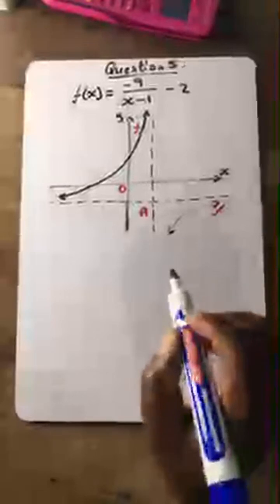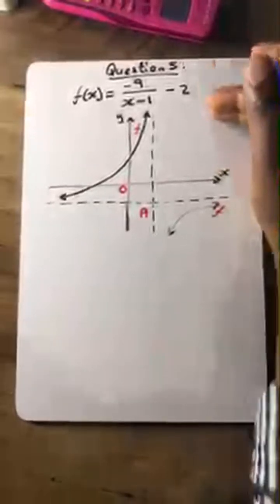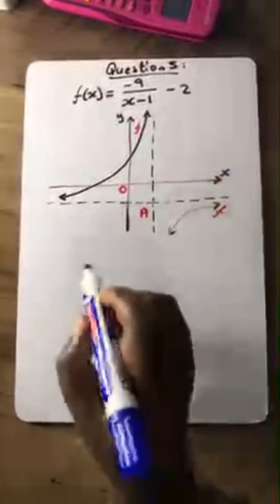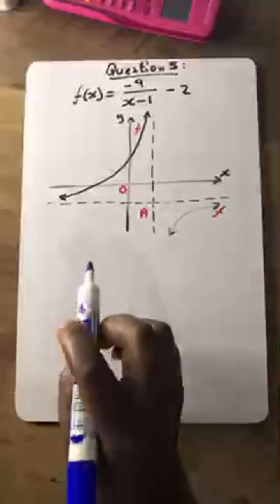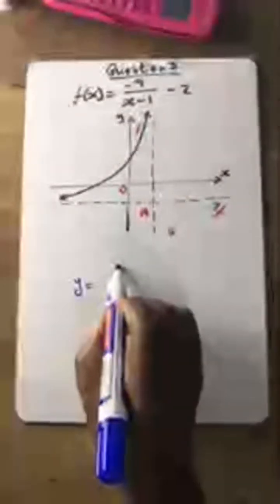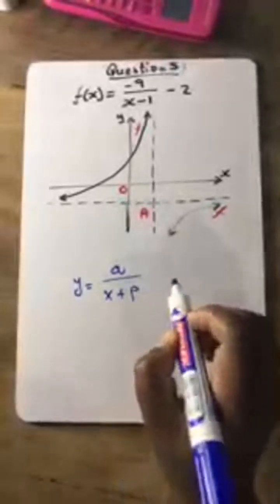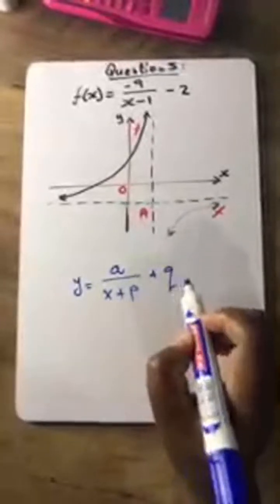So very quickly, I'm just going to explain what's going on over there. If you remember, the function f of x is the same as y, which is equal to a over x plus p, plus q.